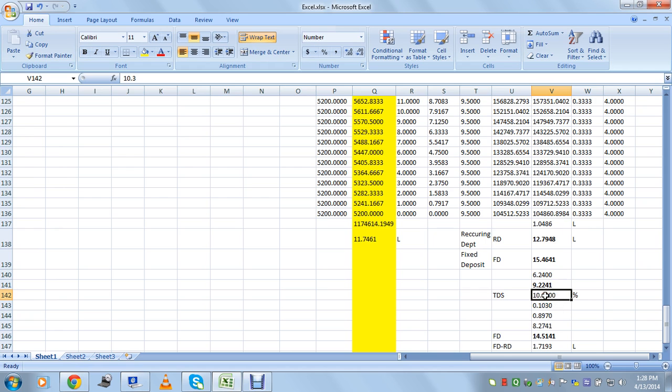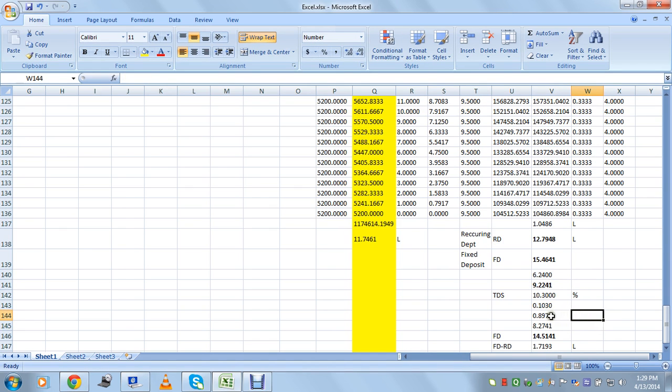Now apply a 10% deduction on that. How do you do that? 10% divided by 100 is this much, and that subtracted from 1 is this much. So this roughly means that you won't get the interest accumulated over 10 years fully; you will get only 0.89 times. If you got it fully, you would multiply by 1, but it is not that way.